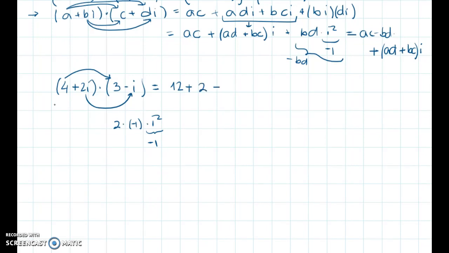And then for the imaginary part, we are going to have 4 multiplying -i, which is just -4. And then 2i multiplied by 3 is going to give us 6i. So +6, all of these times i. So this is 14 plus 2i.